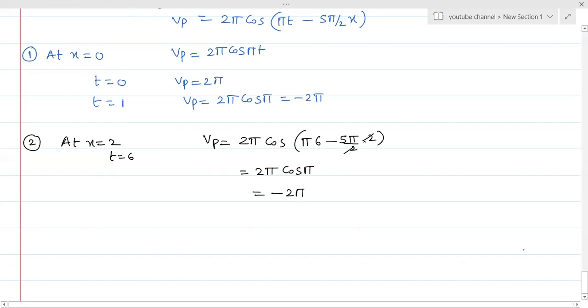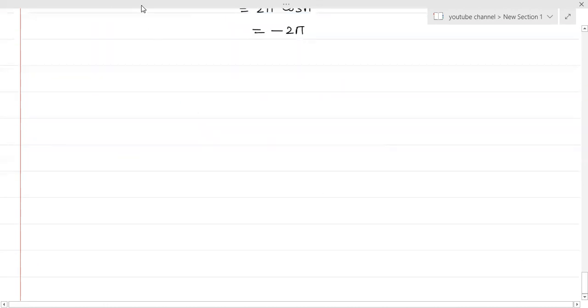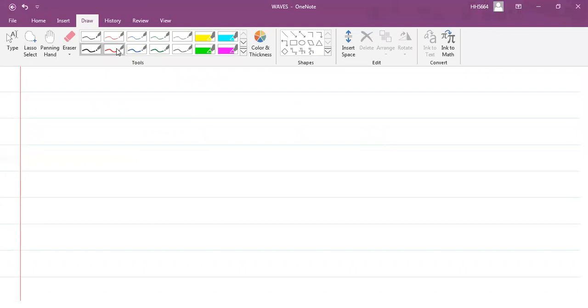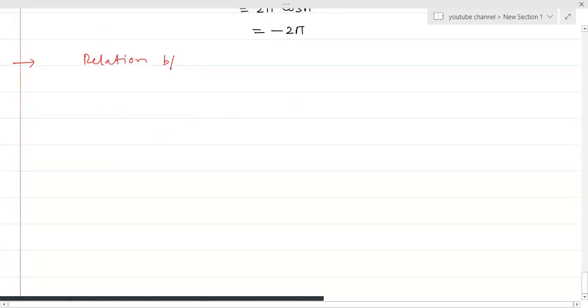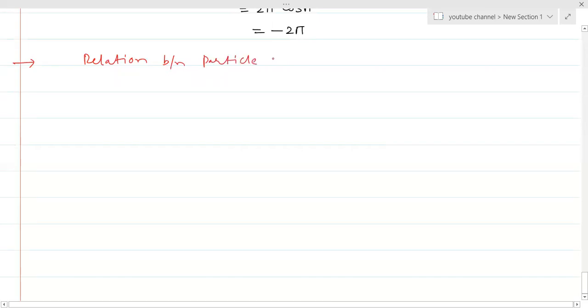And here the most important formula for the particle velocity. So here we will take the relation between particle velocity and wave velocity.